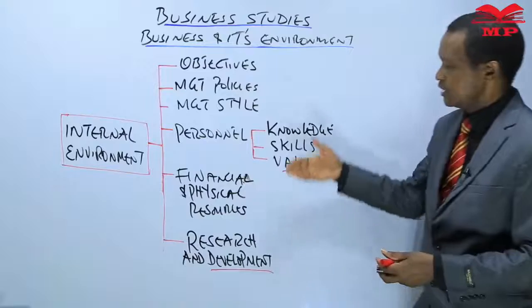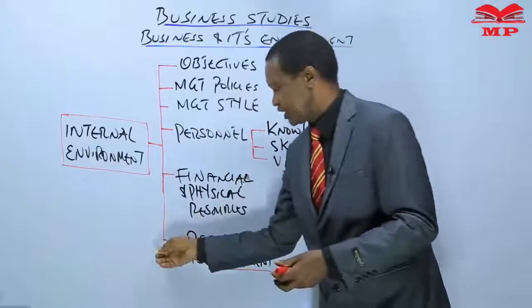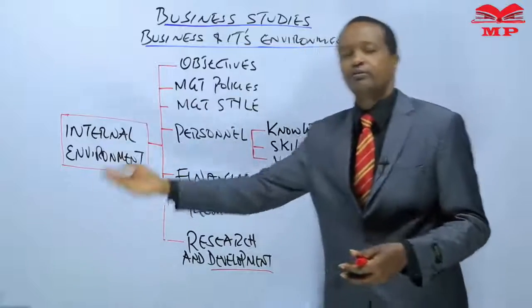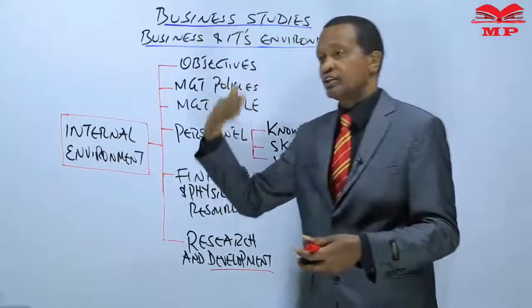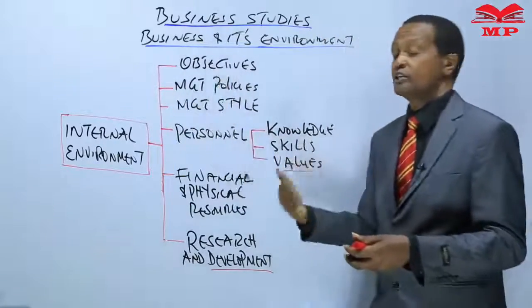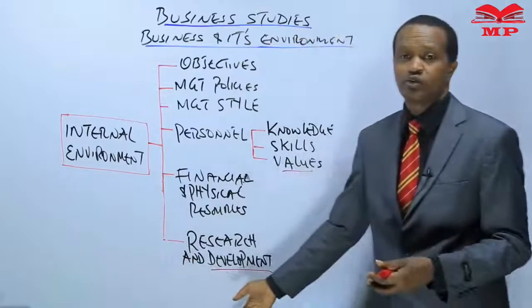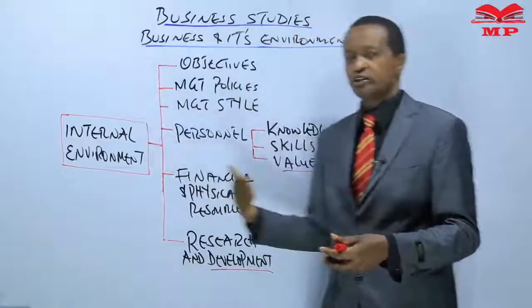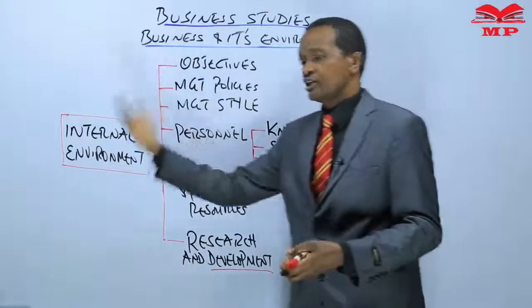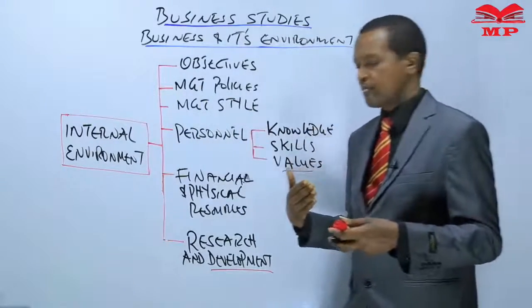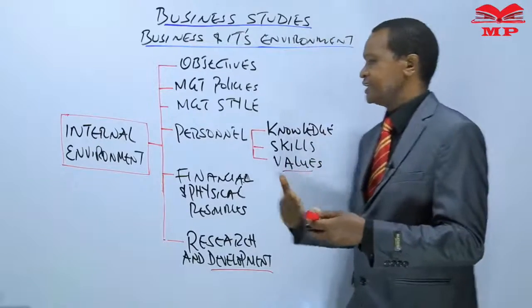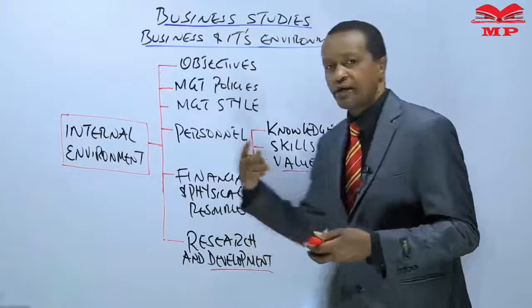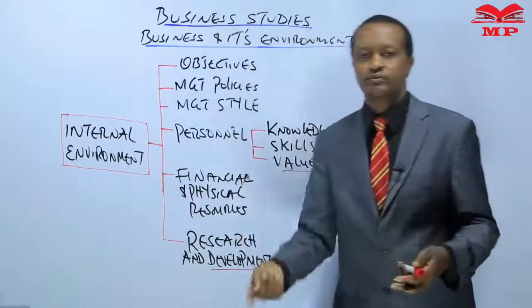Because we say that in business you could have competition. Competition means other businesses that are competitors are just the other businesses that are offering similar products that the business is also offering. So in order to woo customers, in order to win customers, in order to improve, to increase sales, then there is need to conduct market research.